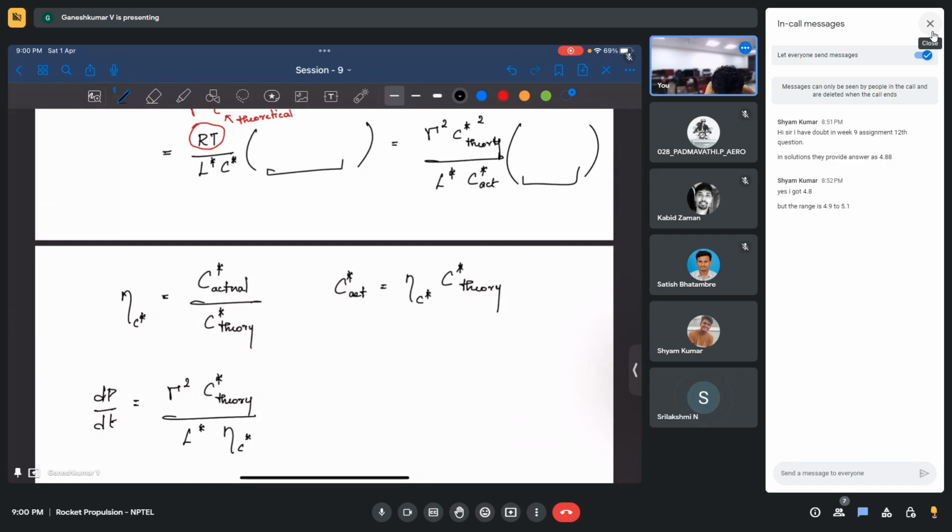Now, T characteristic is the volume divided by the product of the area of the throat, gamma square into C star.